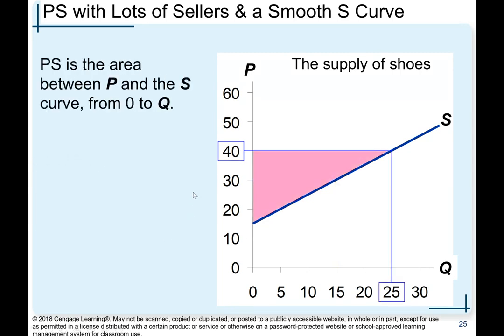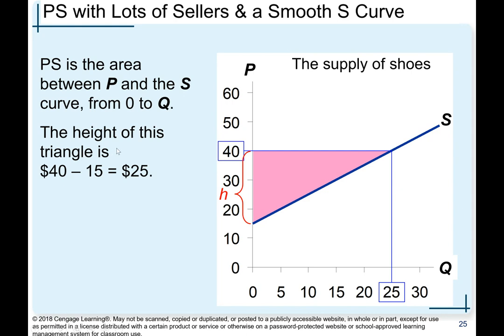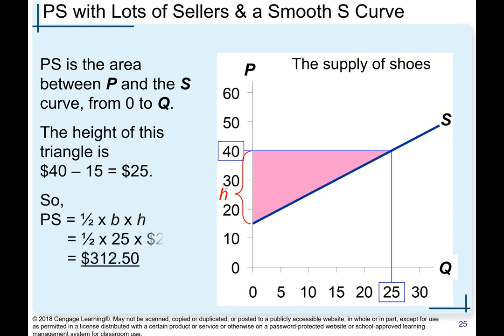Producer surplus is the area between the price, in this case $40, and the supply curve. It's above the supply curve and below the price, the area of this triangle. The height of the triangle is, I think, 25, and the base of the triangle is 25. So the area of this triangle is 1/2 times base times height.